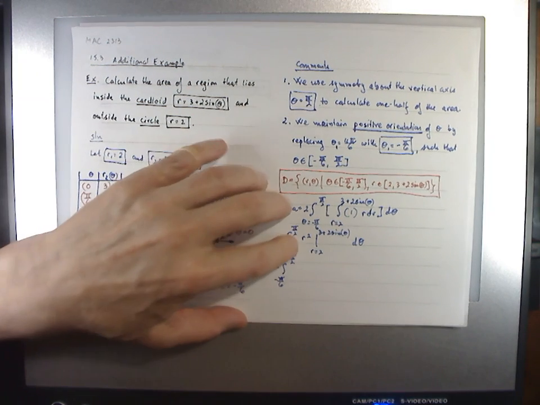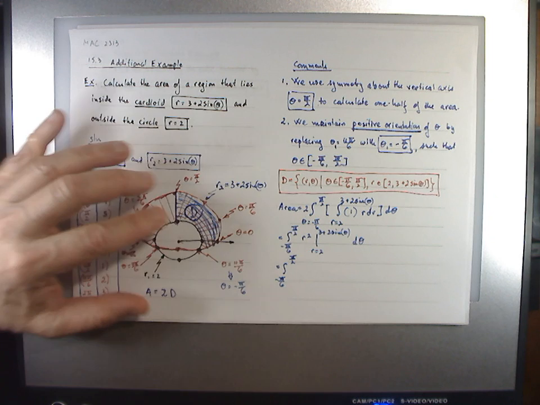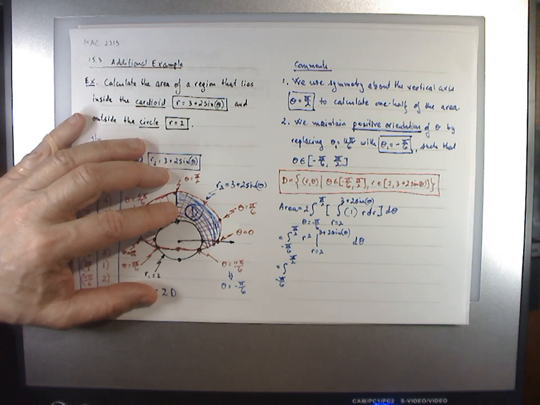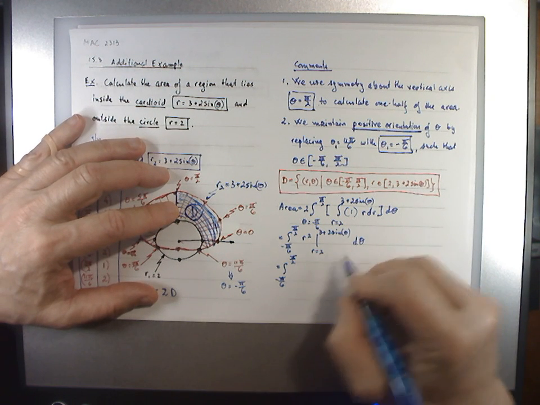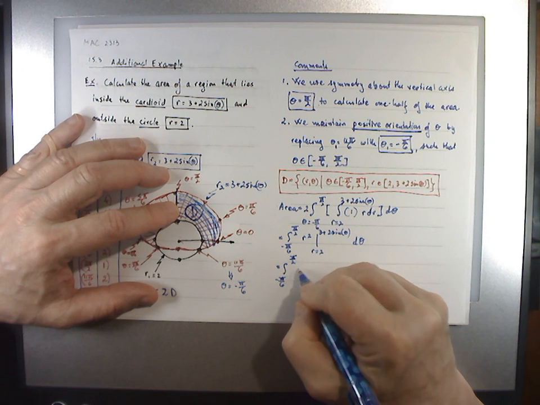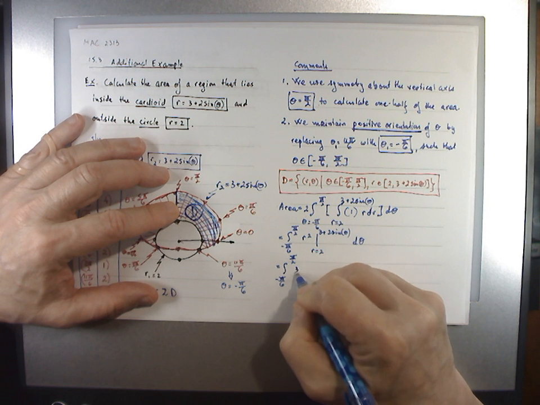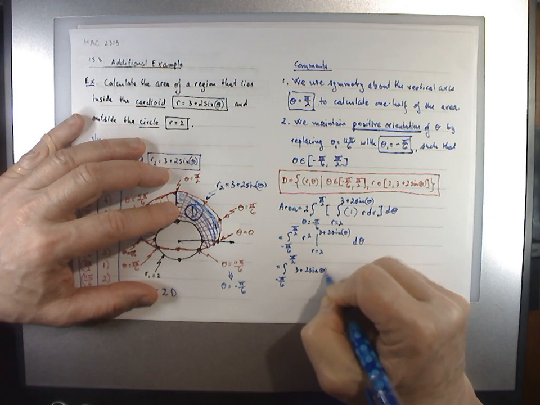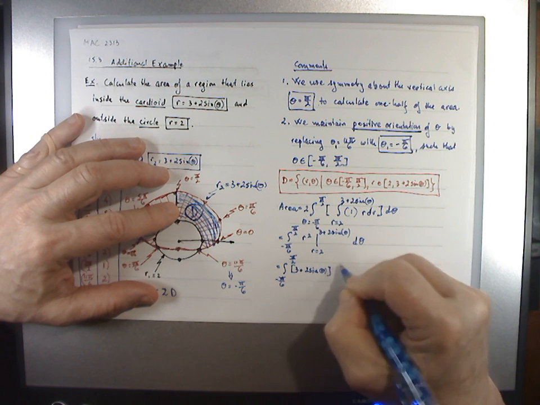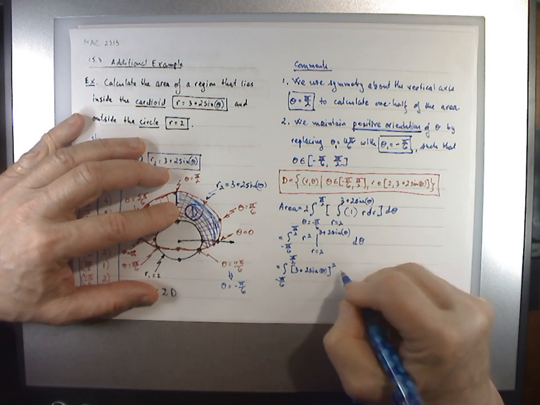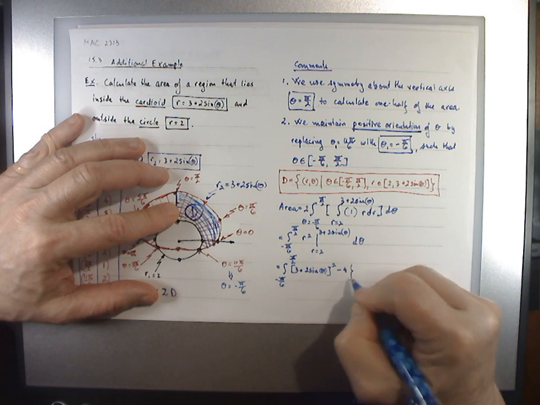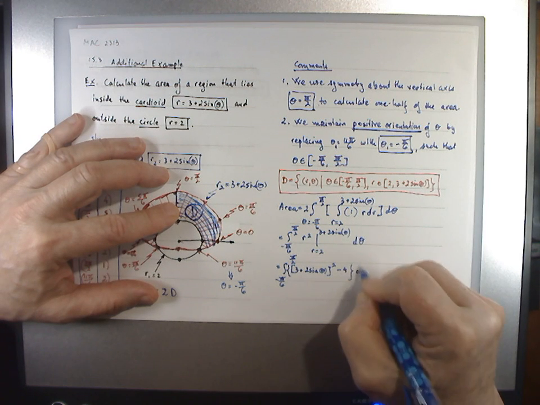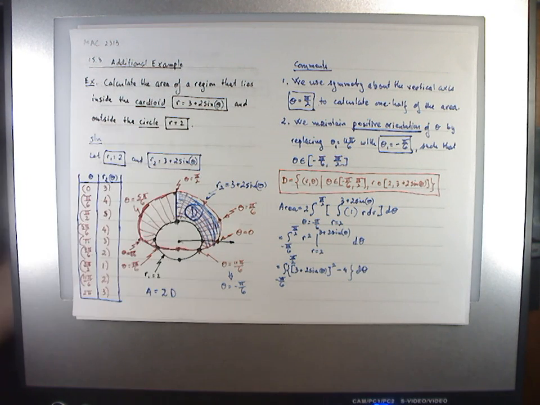And now we evaluate r squared, so we have the following: 3 plus 2 sine theta, squared, and then minus 4, d theta. So this is what we need to integrate.